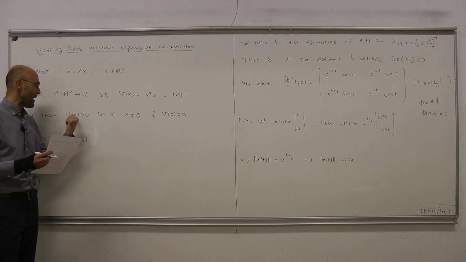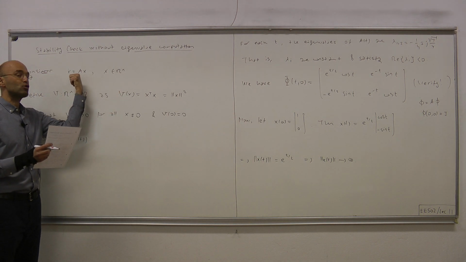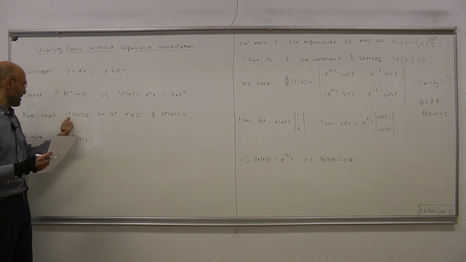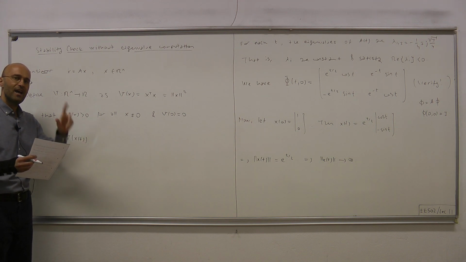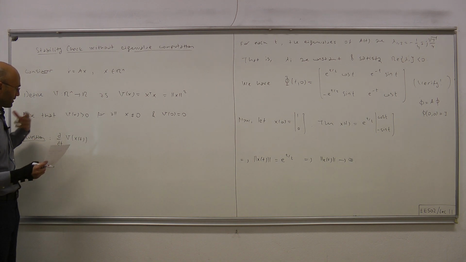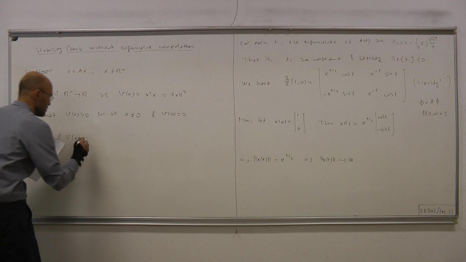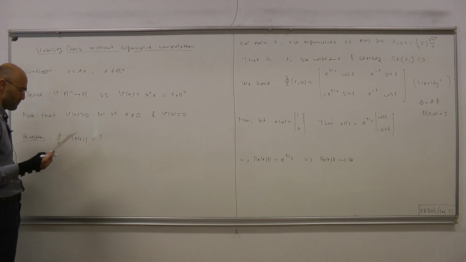Now instead of putting here x, we put here x of t, and x of t is the solution of our system, starting from some initial condition. And then this becomes a function of time, v of x of t. And that function of time, let's differentiate with respect to time, okay? So what's the derivative of v with respect to time?